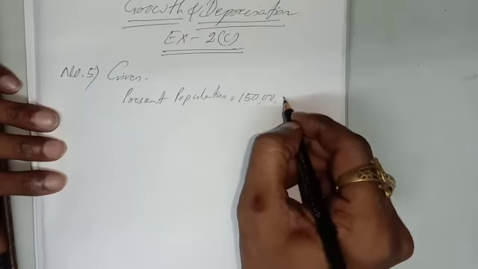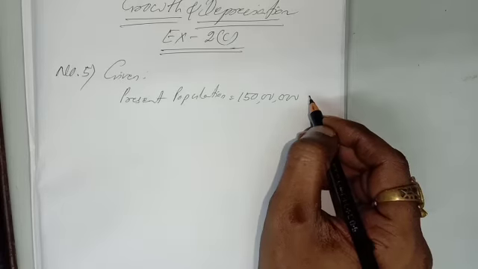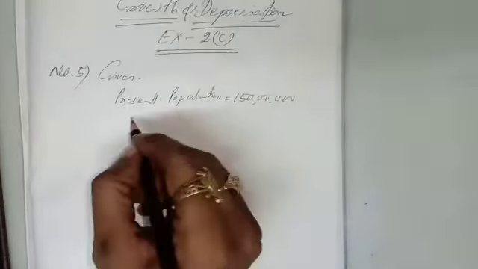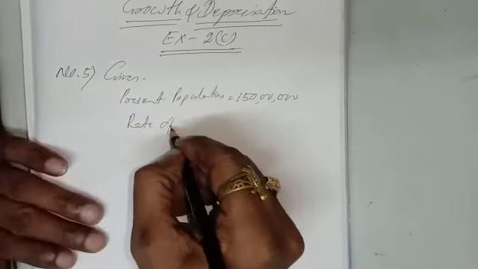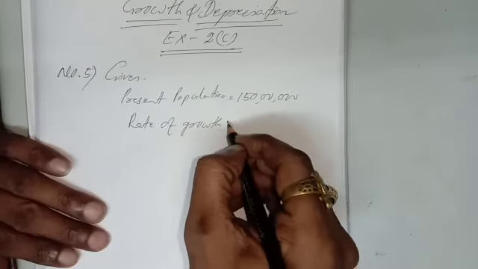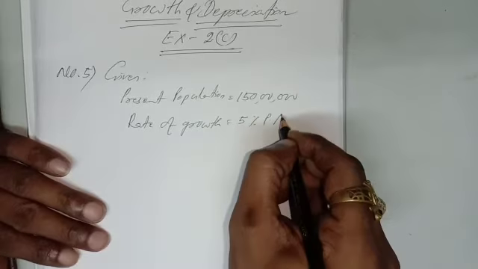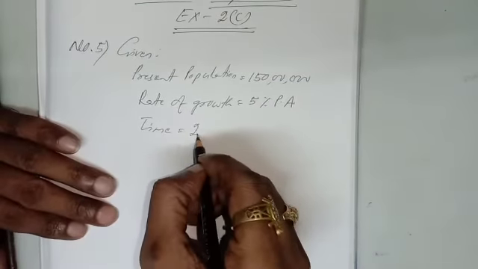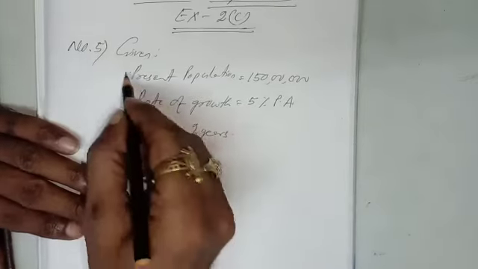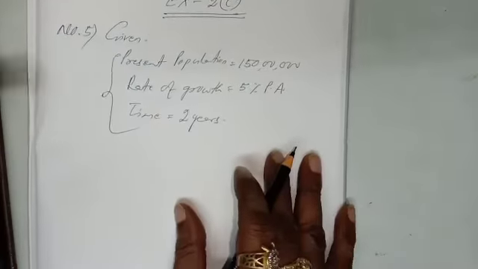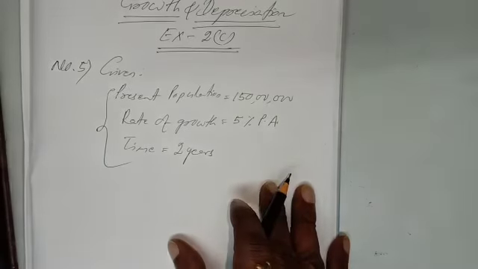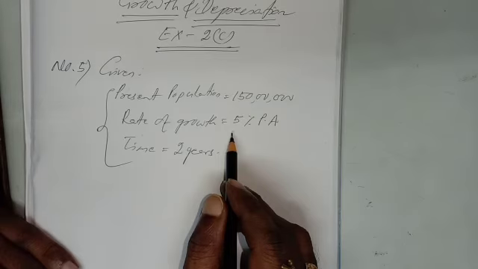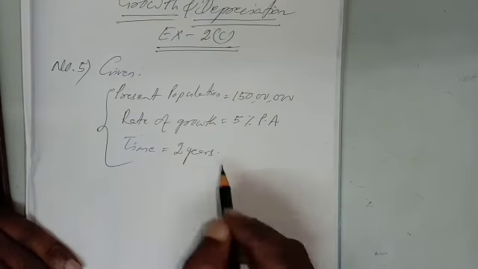The rate of growth is given as 5% per annum, per year, and the time is given as 2 years. After 2 years, you have to find the population. So in this question, present population is 150 lakh, rate of increase 5% per year, time 2 years.